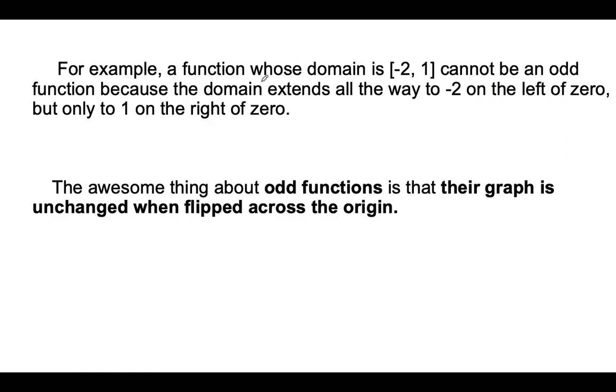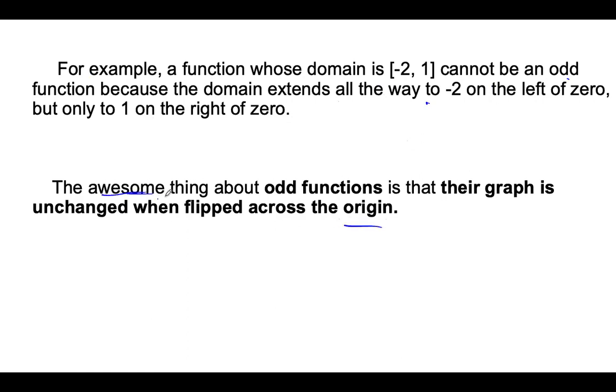So for example, again, a function whose domain is -2 to 1 cannot be an odd function because the domain extends all the way from -2 to 0, but only 1 on the right of 0. So you need it from, let's say, -2 to 2 because of some symmetry, not exactly symmetry, but symmetry along the origin.